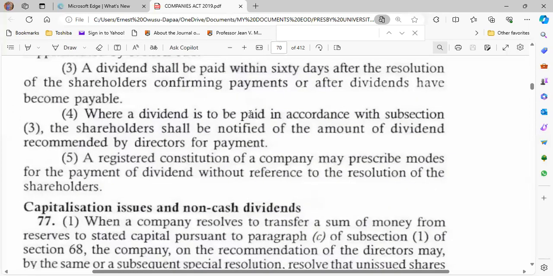If the constitution of the company has its own special rules regarding payment of dividends, and for example, it says that dividends may be paid under certain circumstances and shareholders do not have to pass a resolution, then so be it. Because the shareholders themselves approved the registered constitution before it was registered. So they have already agreed on how dividends should be declared, and that will be the governing approach.